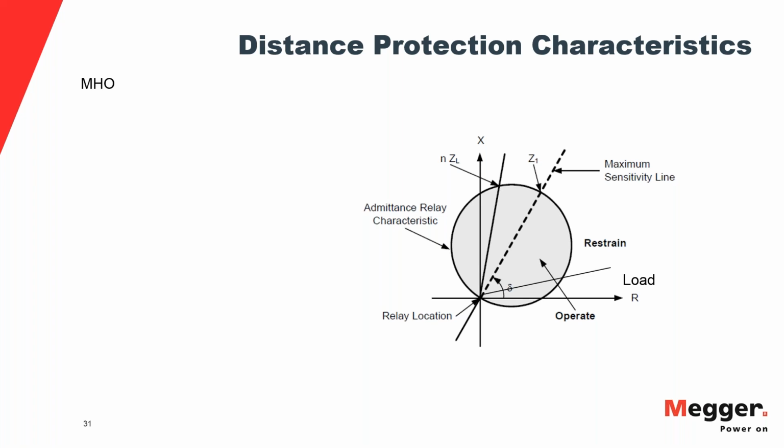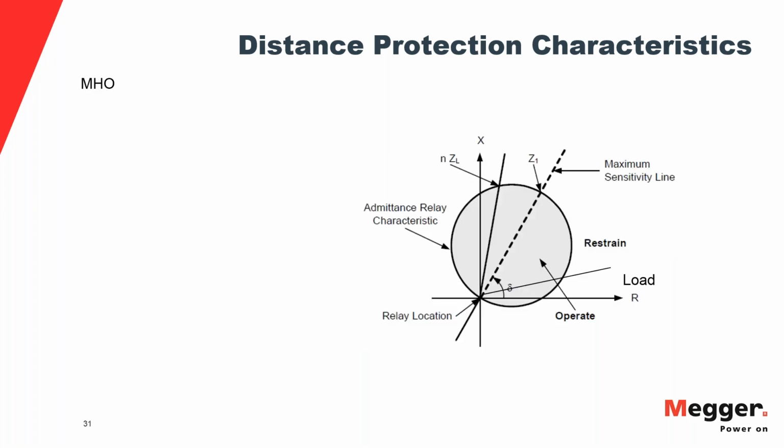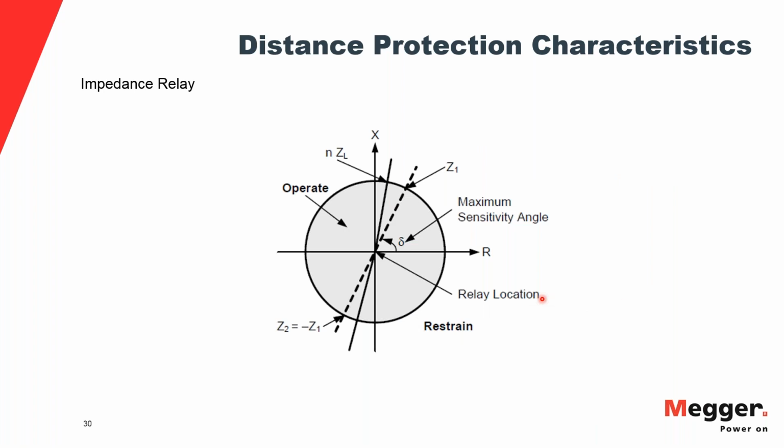Remember, in the impedance relay we have a uniform reach along the resistance axis, but in here the reach on the resistance axis is smaller than the one that we have on the impedance relay.